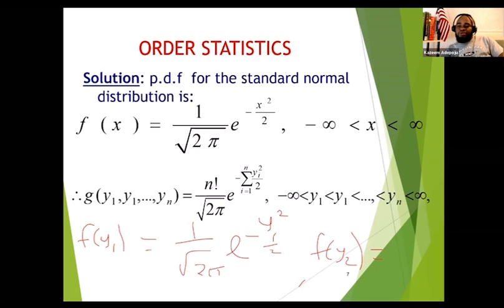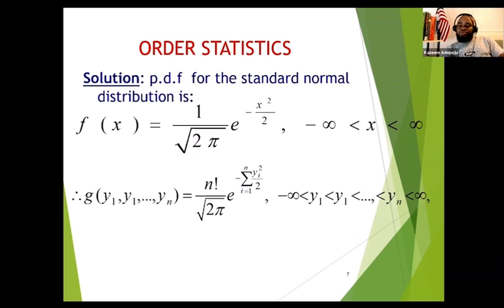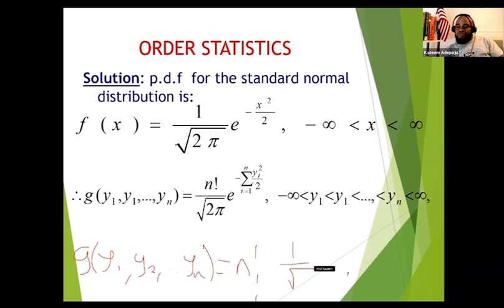When you do that and then use g of y1, y2, up to yn, after writing the n factorial, you have 1 over square root of 2 pi. Those exponentials, don't forget, you're actually going to have minus, after combining that, y1 squared divided by 2 plus y2 squared divided by 2 until you get to yn squared divided by 2.